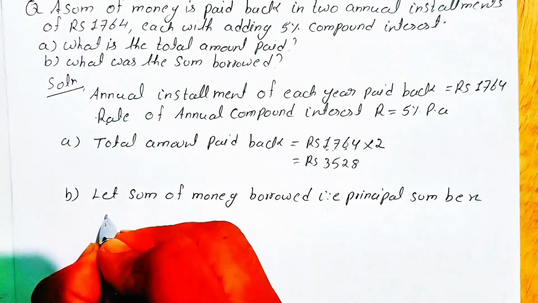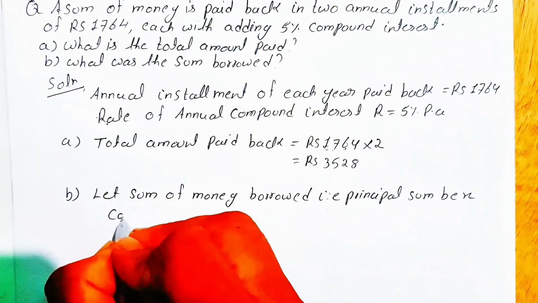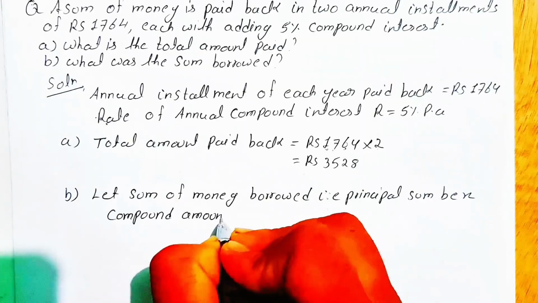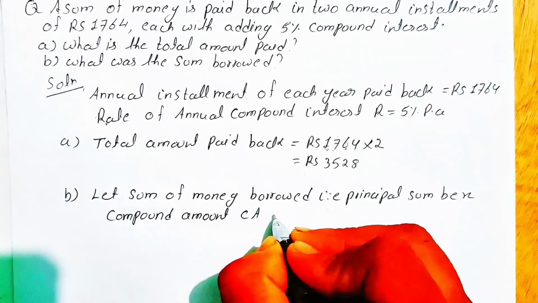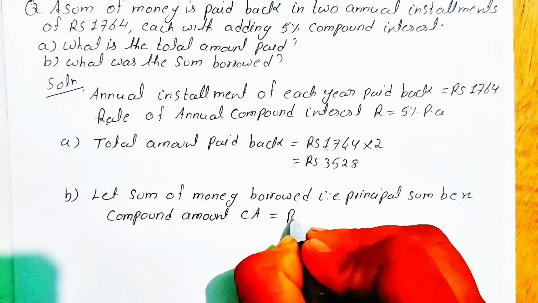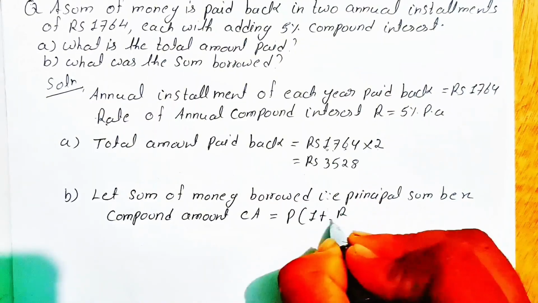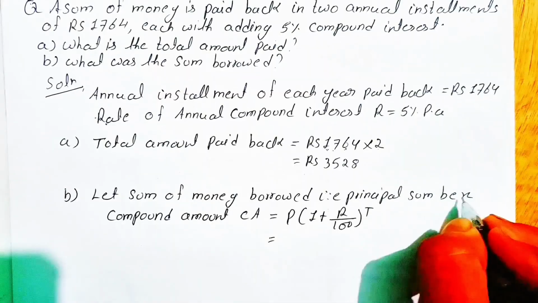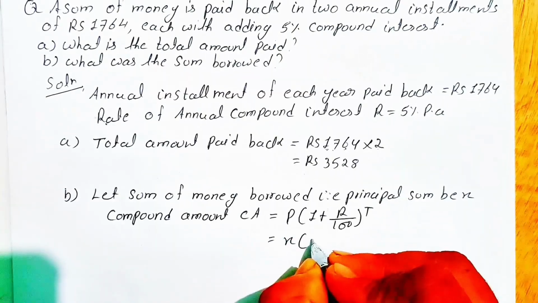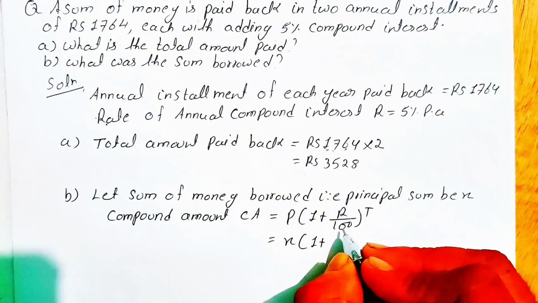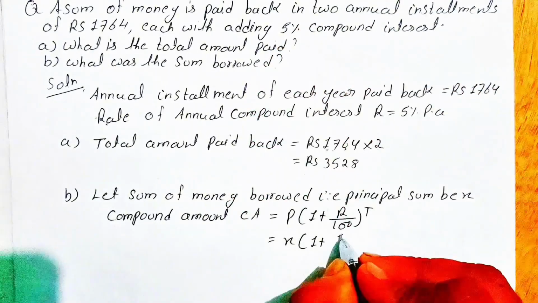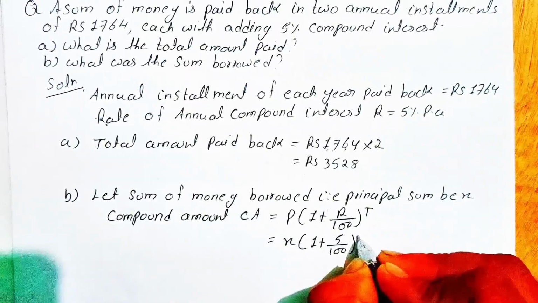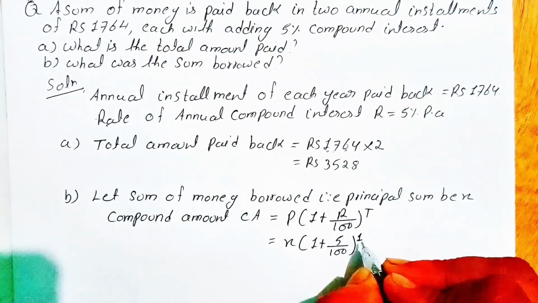So first we find the amount for the first year. Compound amount CA is equal to P times (1 plus R upon 100) to the power T. Here the principal sum is X, the rate of compound interest is 5%, so 1 plus 5 upon 100, and for the first year we put T as 1.